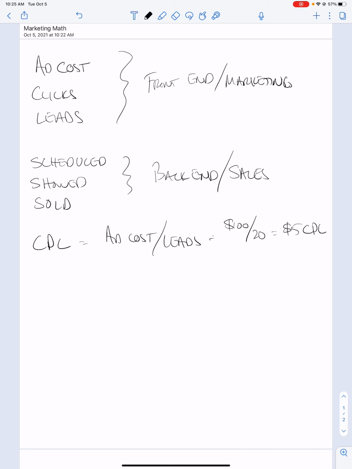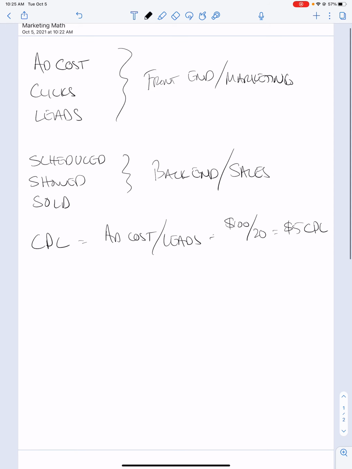Perfect. There's also CPC, cost per click, and that's ad cost divided by clicks. This one is important. It basically tells you how clickable your ad is. We're more interested in leads, but you need to get clicks in order to get leads.